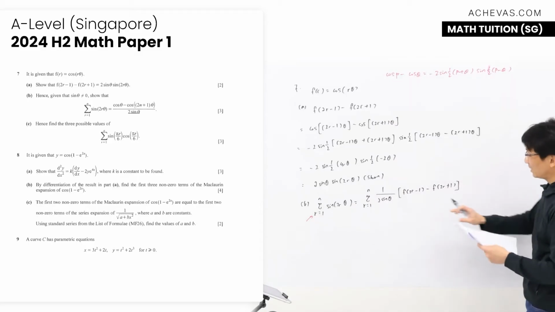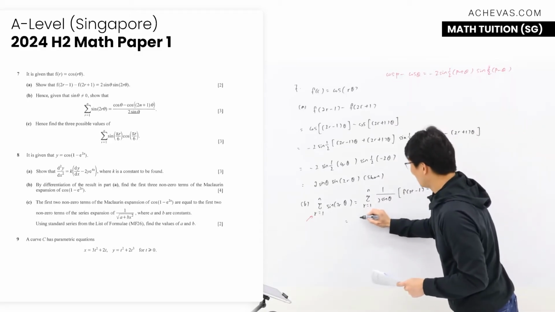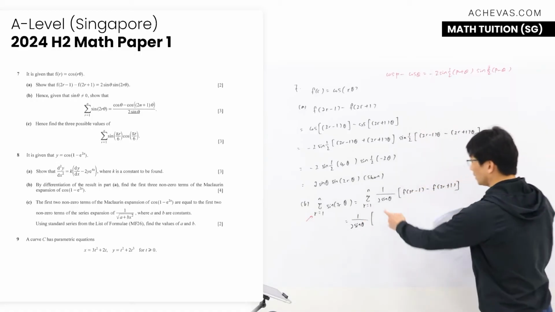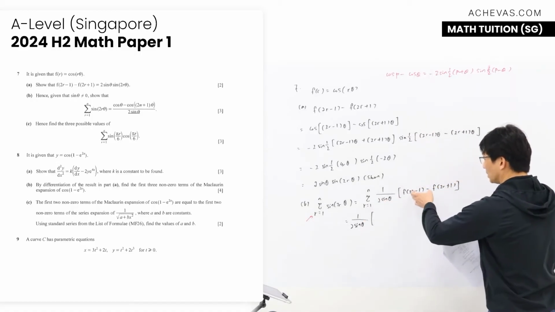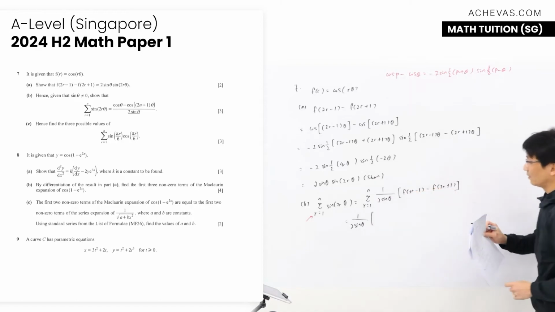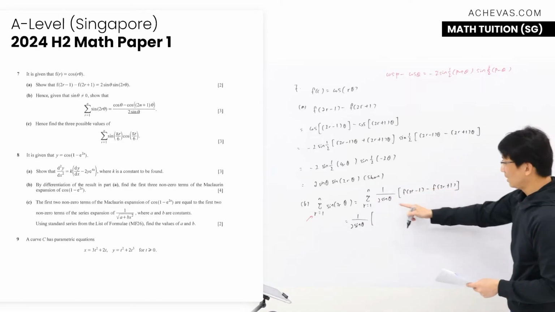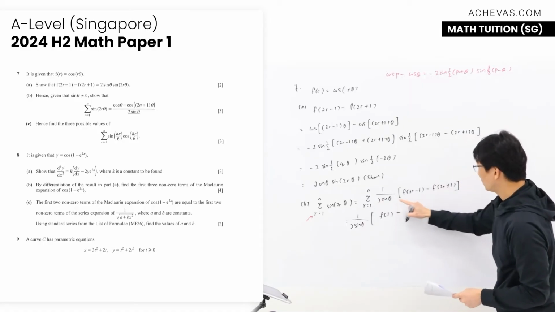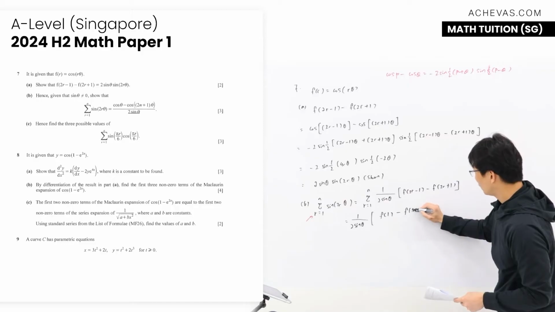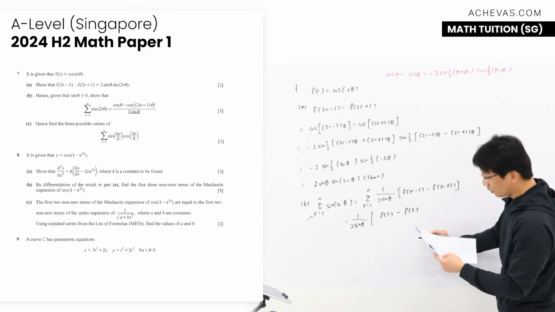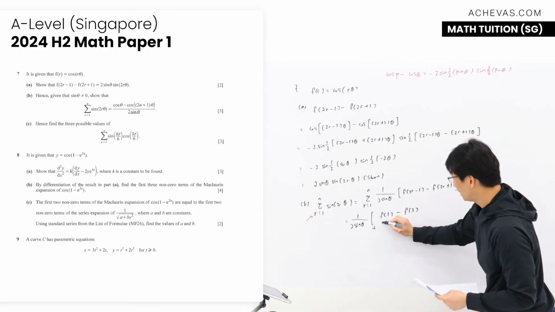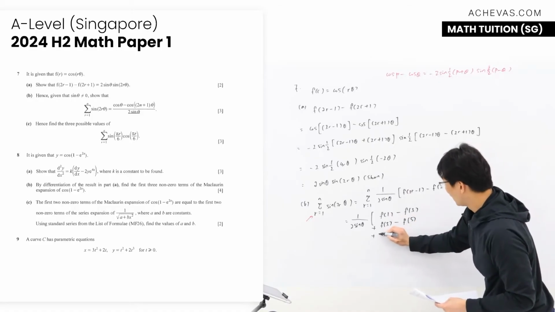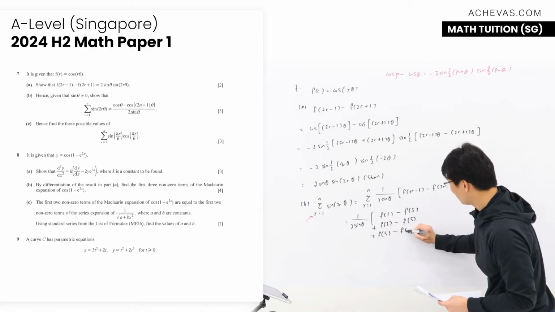So I'm going to factorize this out. I will get 1 over 2 sine theta. For the term left, I'm going to use the method of difference. Firstly, when r equal to 1, I'll get f1 minus f3. I'm going to write 2 more rows at least to see the pattern: f3 minus f5, and f5 minus f7.